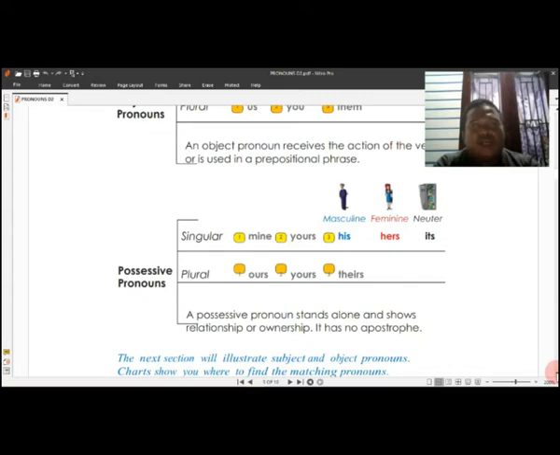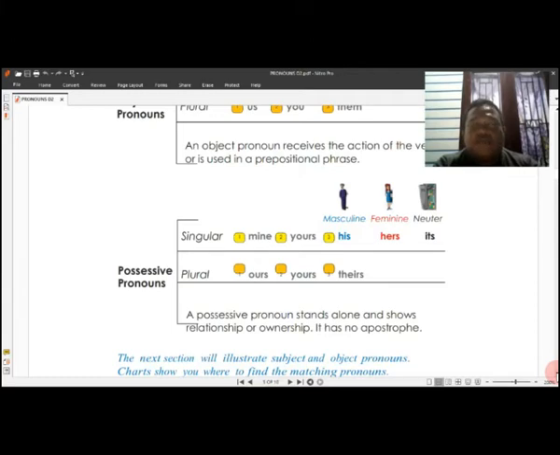Like my previous example, the book is mine. In our previous meeting, I gave you an example: that book is mine. Mine shows relationship of the book. If we change the book into the subject pronoun, it will become it. It is mine.